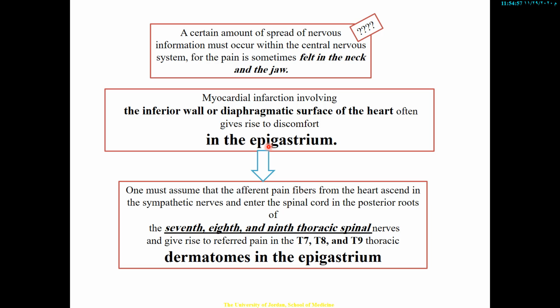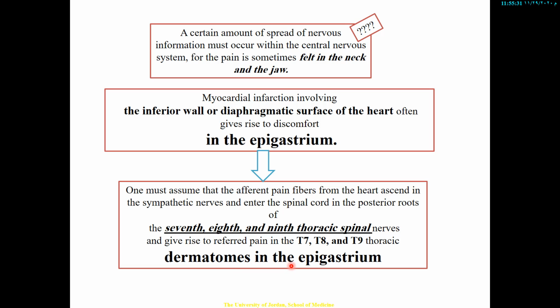The diaphragmatic surface is sitting on the central tendon of the diaphragm, and we know that the diaphragm has not only the phrenic nerve supplying it, but also the intercostal nerves, the lower ones, the 7th, 8th, and 9th thoracic spinal nerves. They give rise to referred pain in the T7, T8, and T9 thoracic dermatomes and the epigastrium.